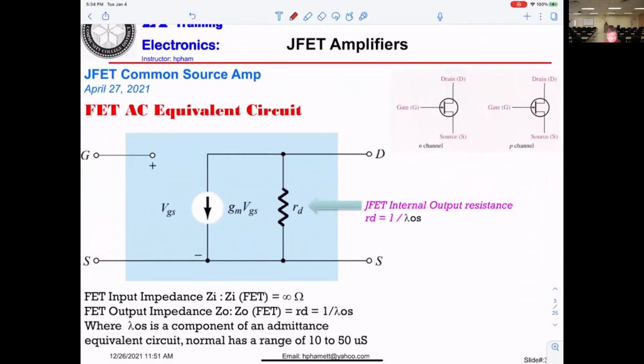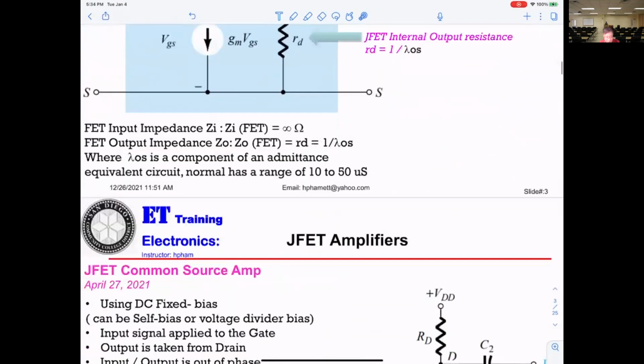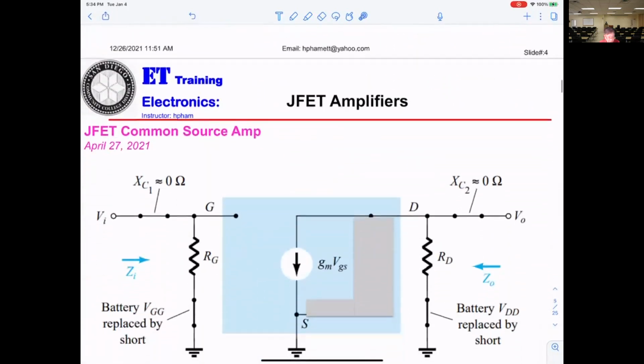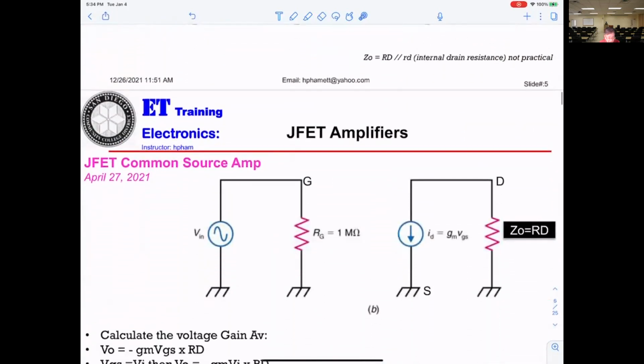If you want to calculate the RD, the internal output resistance of the JFET, you're using that formula. But the thing is, this resistance is too big, so it will be ignored all the time. So we don't have to do that calculation.